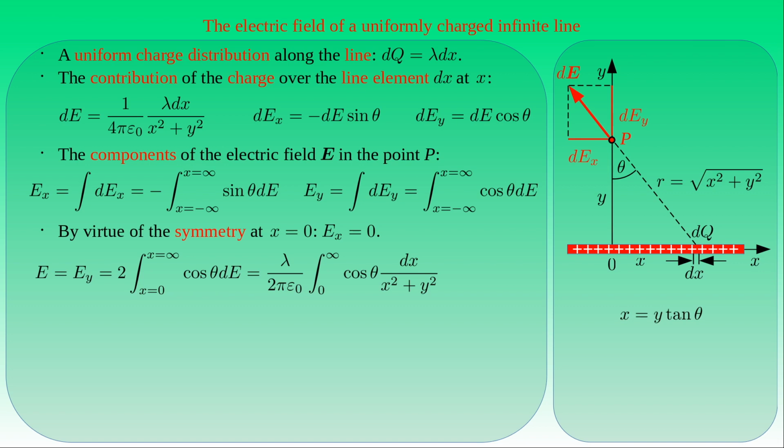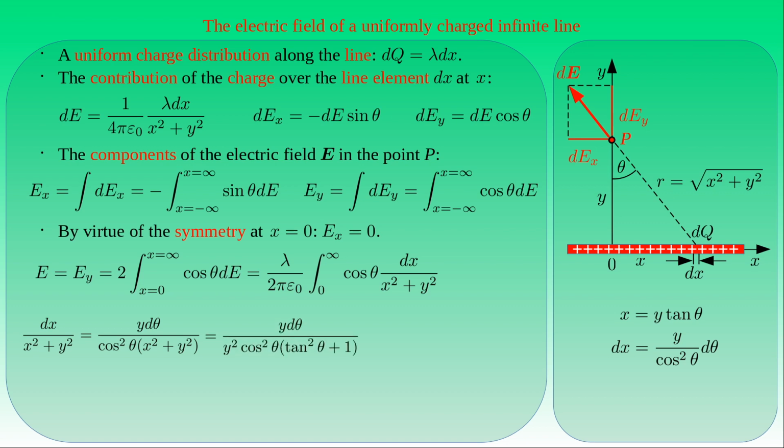If we take the differential of this equation, we see that dx is equal to the ratio of y to the square of cosine theta, times d theta. Then dx over x squared plus y squared is equal to the ratio of y times d theta to the square of cosine theta times x squared plus y squared. Since x is equal to y times tangent theta, we have the ratio of y times d theta to y squared times the square of cosine theta, times the square of tangent theta plus 1.